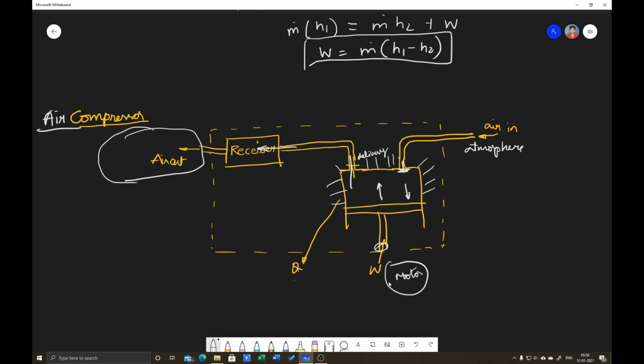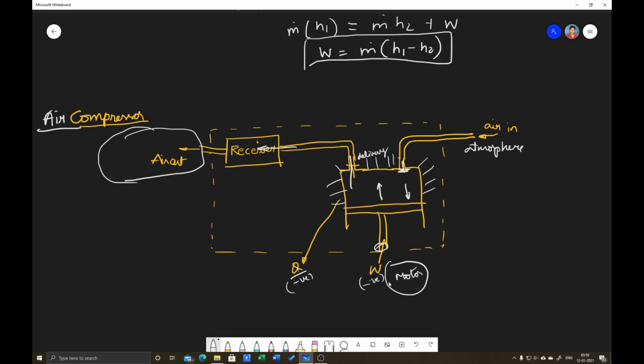Generally a motor will be there to run this piston and cylinder. So heat is getting out of the system and also work is getting into the system. Both will be negative here because generally work should come out of the system and heat should go into the system. It is in the reverse direction, that is why both are negative.